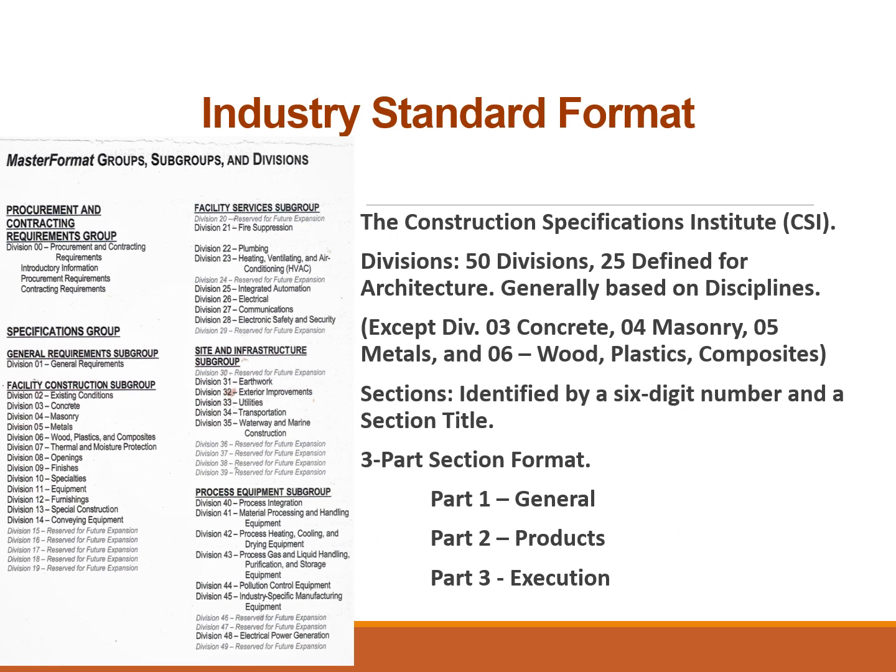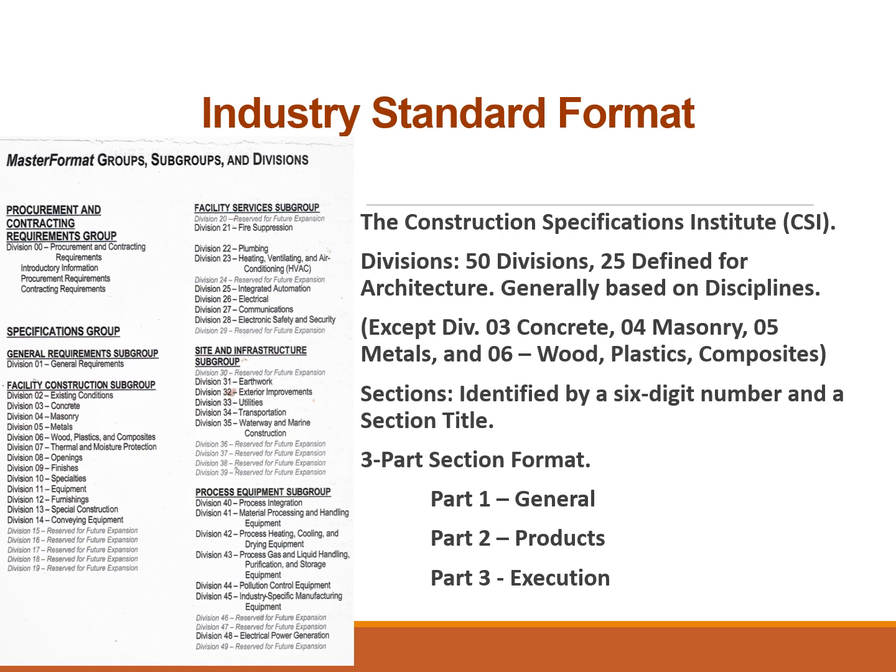The base industry standard format for specifications writing, as developed by the Construction Specifications Institute, includes the 50 division format, the 6-digit section format and section titles, and the 3-part section format.